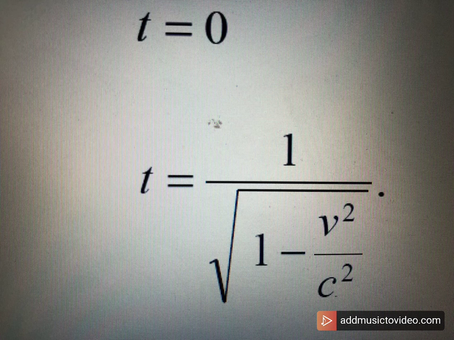As a consequence of its motion, the clock goes more slowly than when at rest. Here also the velocity c plays the part of an unattainable limiting velocity.